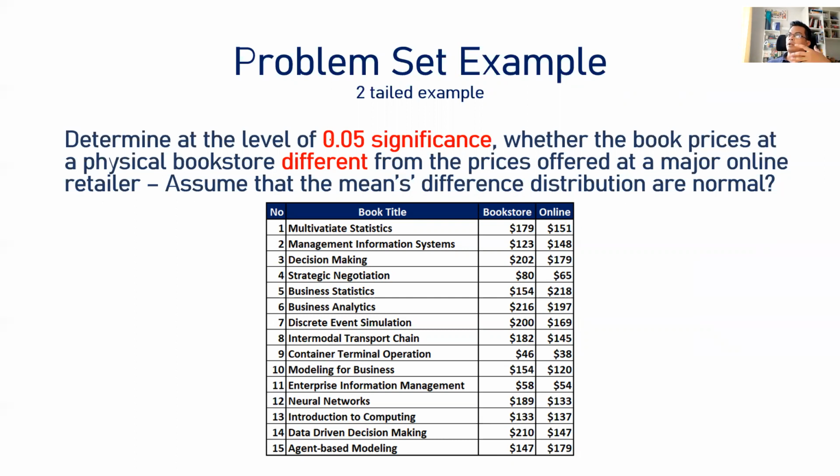The task is to determine at the 0.05 significance level whether the book prices at the physical bookstore are different from the prices offered at the major online retailer.